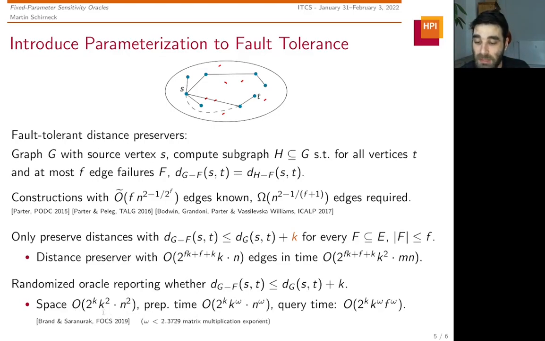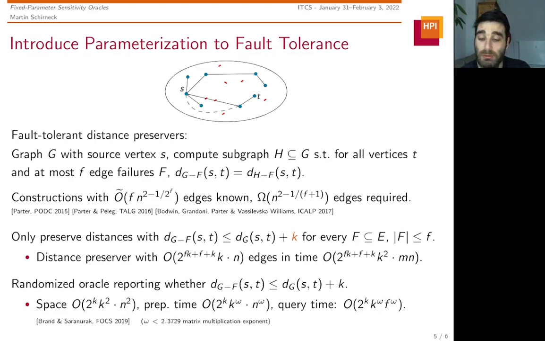Notably, both the space and the preprocessing time are independent of the number of failures. So you can really do this for a large number of failures if you want to. The query time does depend on f, but is at least independent of the graph size.